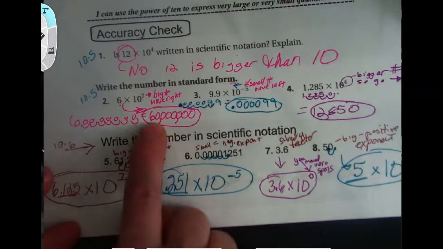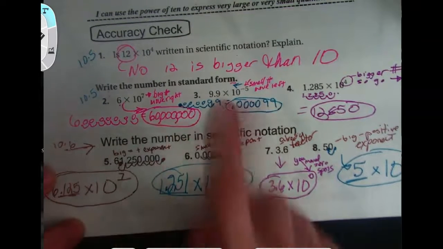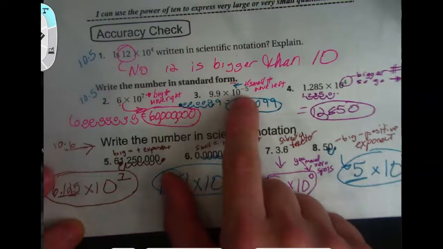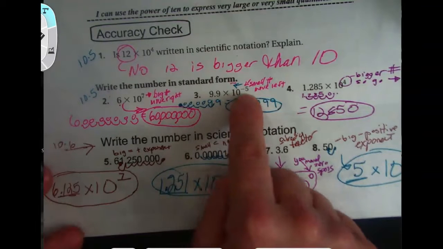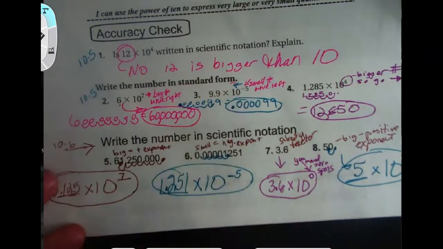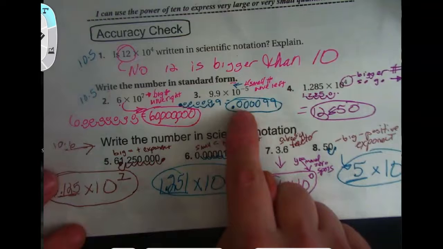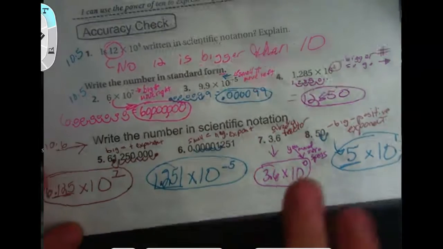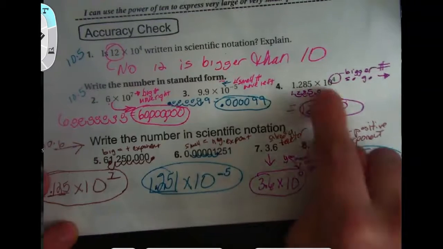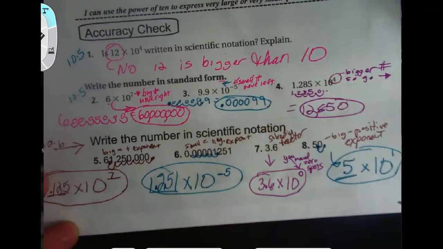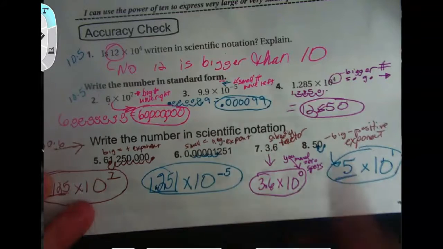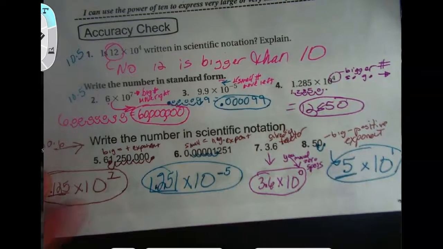So you have 60 million, right? Next, for number 3, again, it's a negative exponent, so we need a very small number, so that means we're going to go to the left, so you get 0.000099. Number 4, it's a positive exponent, so again, we need a bigger number, so we're going to go to the right, so it's 12,850.